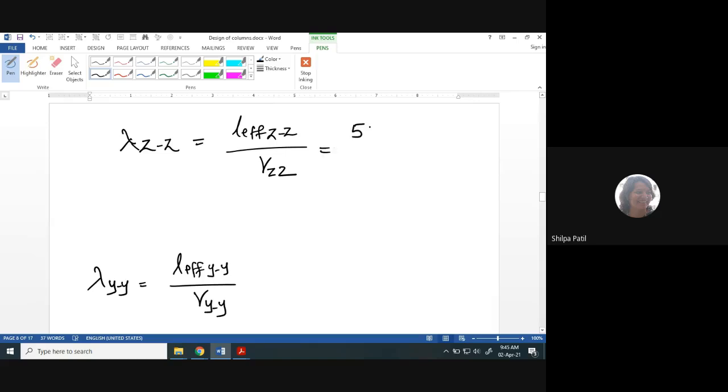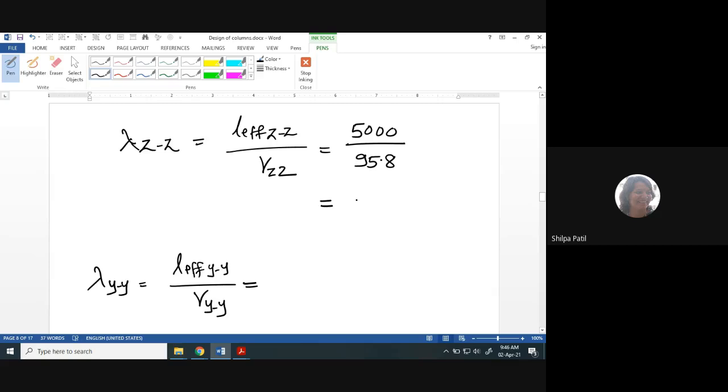Okay. So L effective upon RZZ value was 95.8. Am I right? Yes, ma'am. So what is this ratio? Do the calculation a little faster, guys.